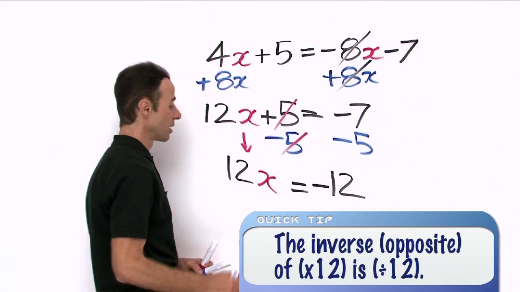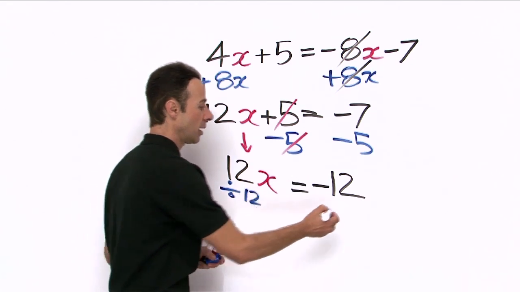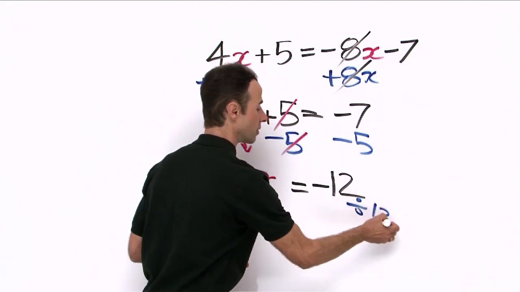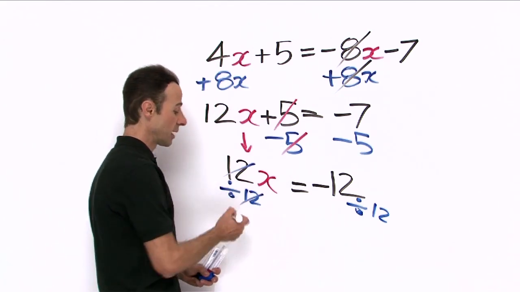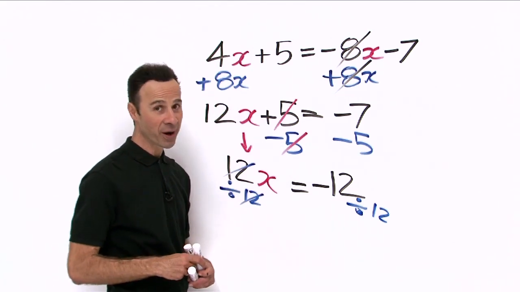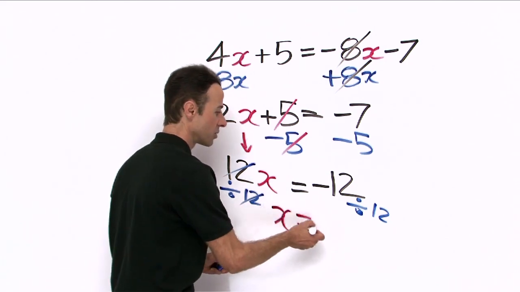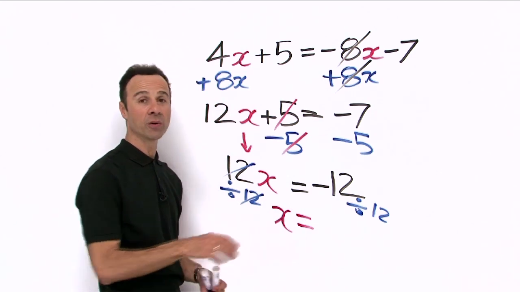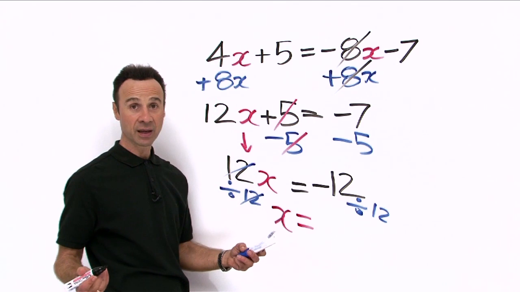So let's do that. So divide by 12 and divide by 12. Okay, 12 divided by 12 simply cancels, and we're left with a pronumeral all by itself, home alone, x equals, now negative 12 divided by positive 12 is simply a negative 1.